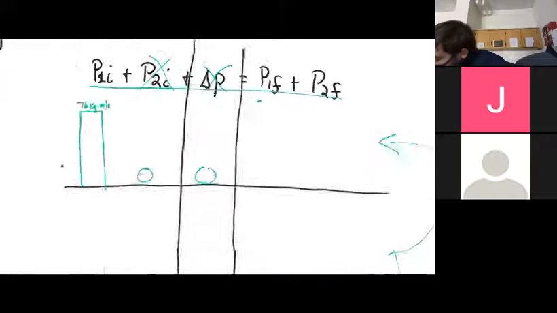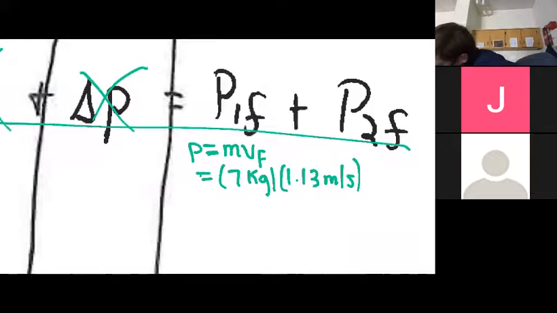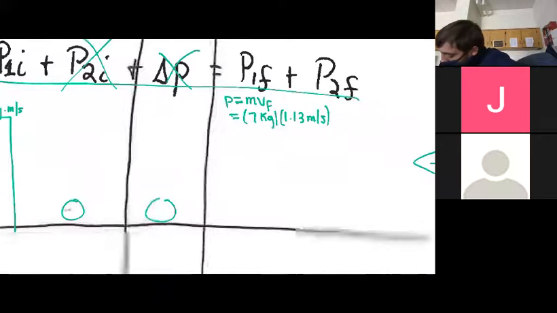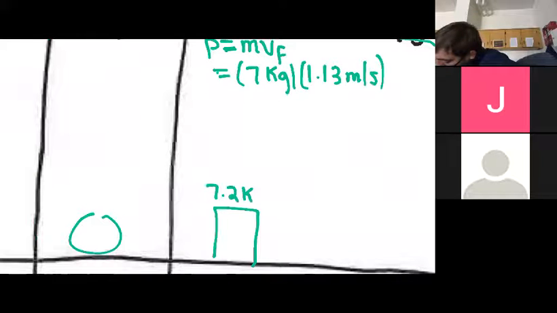So now that I've found that 1.13 meters per second, for the bowling ball, I can do its mass times 1.13 meters per second and get 7.2 kilograms meters per second.